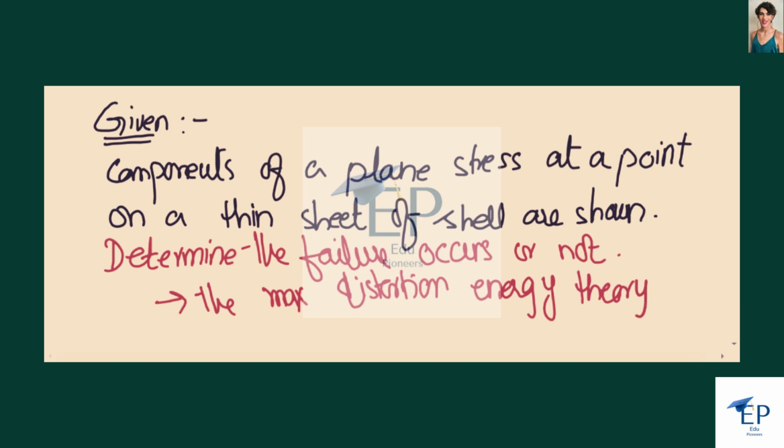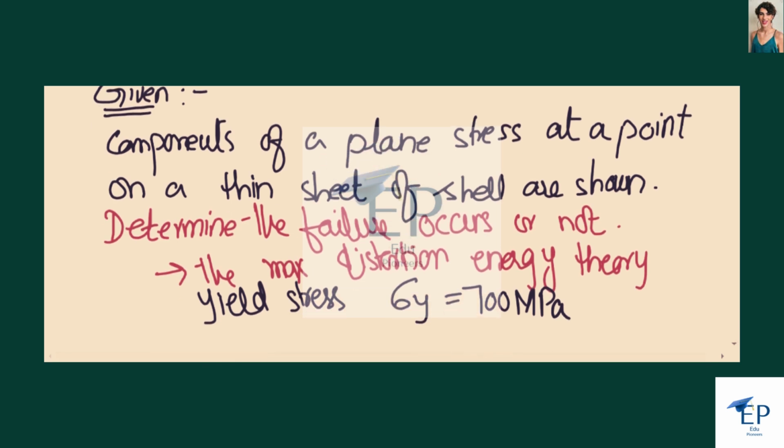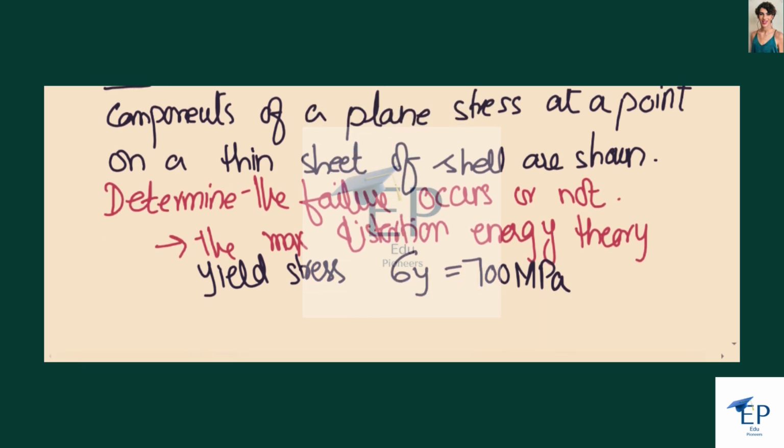The information that is given to us is that the yield stress sigma sub y is equal to 700 megapascals, right? So let's start with the solution.